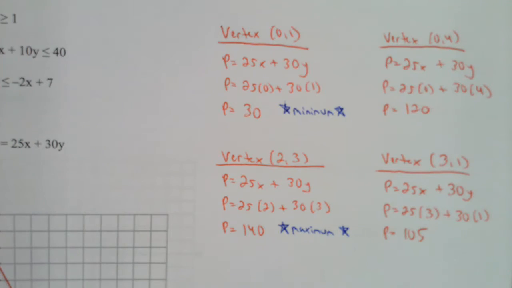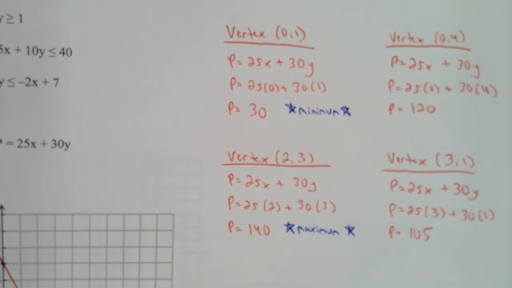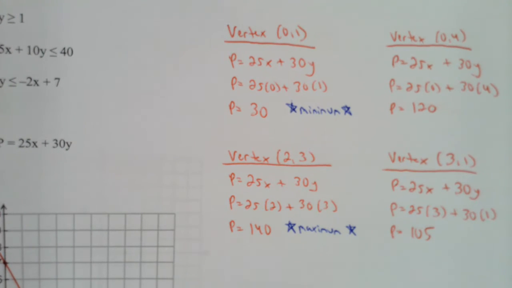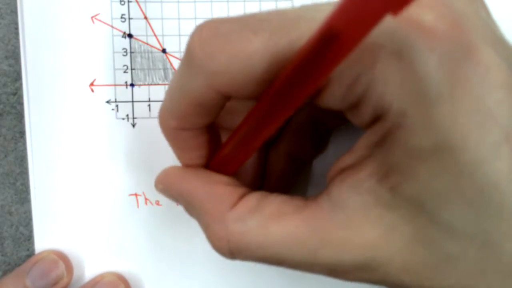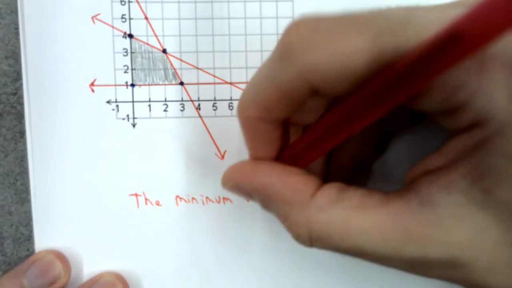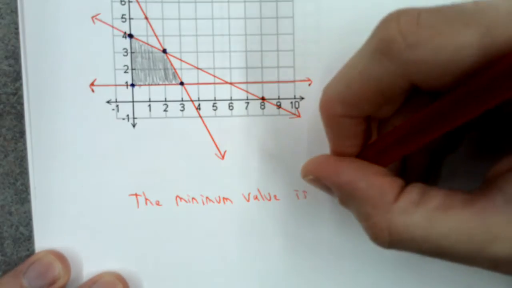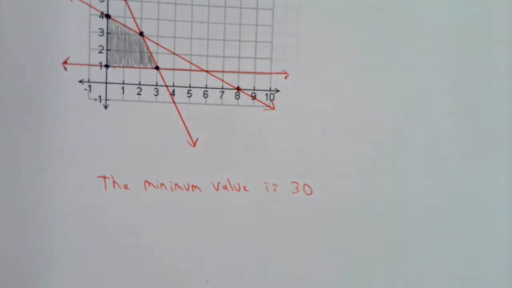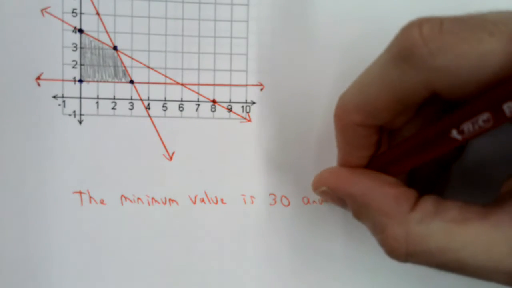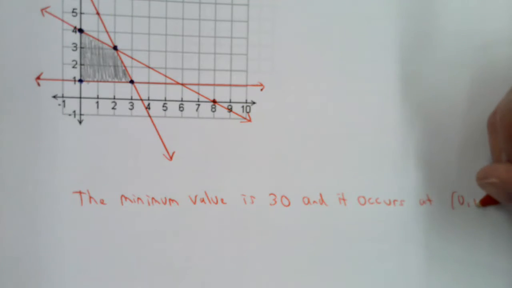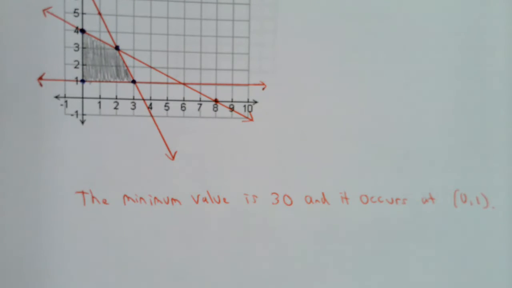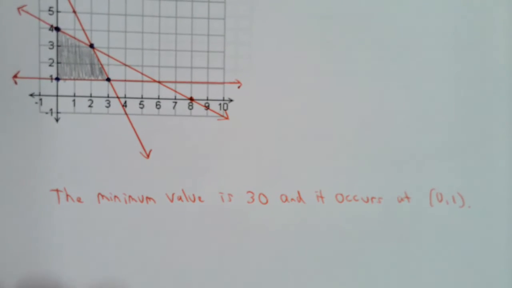Let's put those in 2 sentences, and then we'll move on to the last problem. The minimum value is 30, and it occurs at 0, 1. The maximum value is 140, and it occurs at 2, 3.